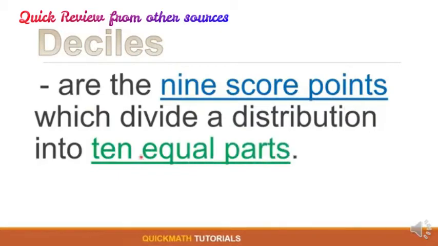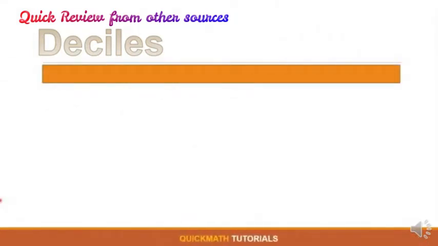Next is deciles. Deciles are the 9 score points which divide a distribution into 10 equal parts. Now, if we want to divide this distribution into 10 equal parts, we will divide it by 9. So we have 1, 2, 3, 4, 5, 6, 7, 8, and 9.